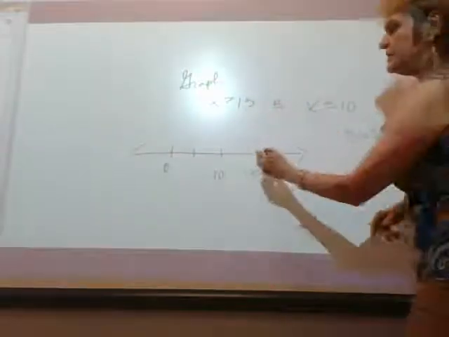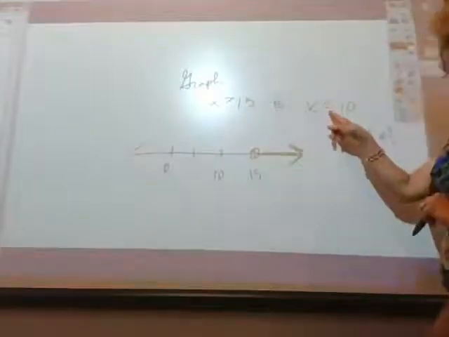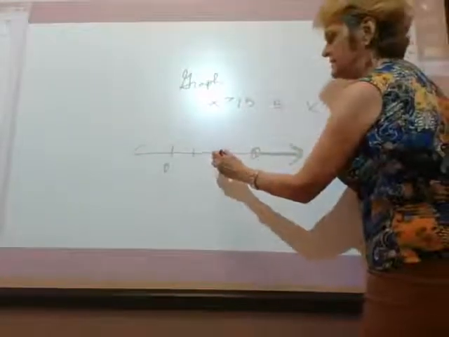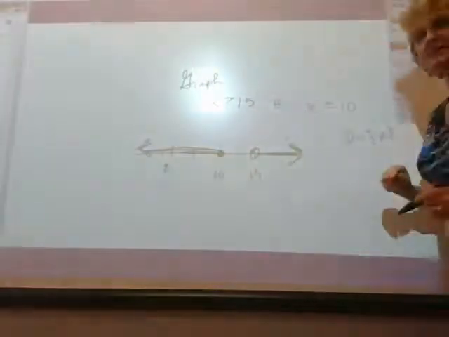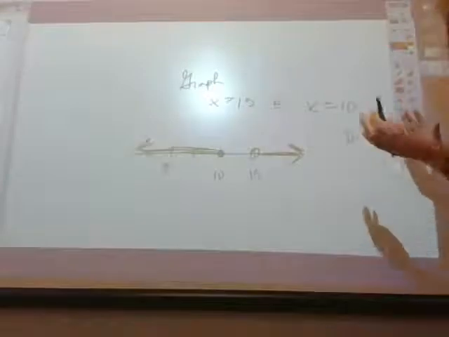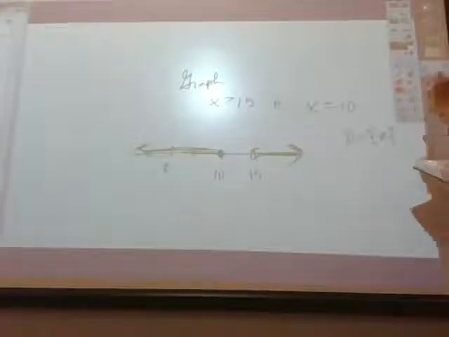So I want greater than 15, so open, going this way. I want less than or equal to 10, so I'm going to color in and go less than. Okay, so disjunctions go away, conjunctions toward each other. All right, let's do the two practice, A and B, and come on back in a few minutes.